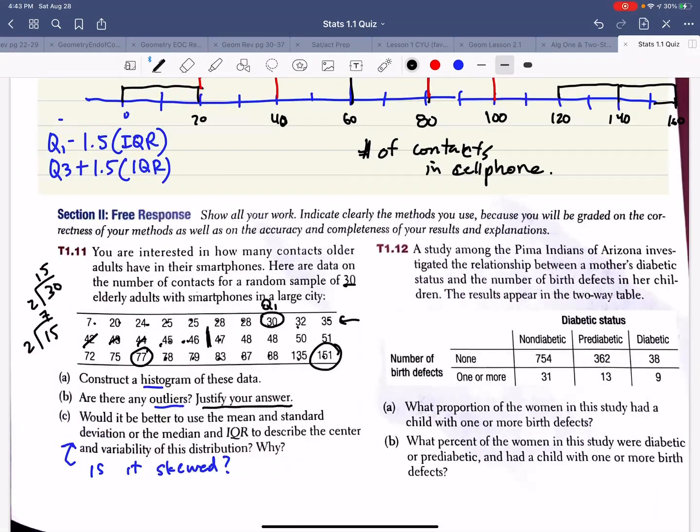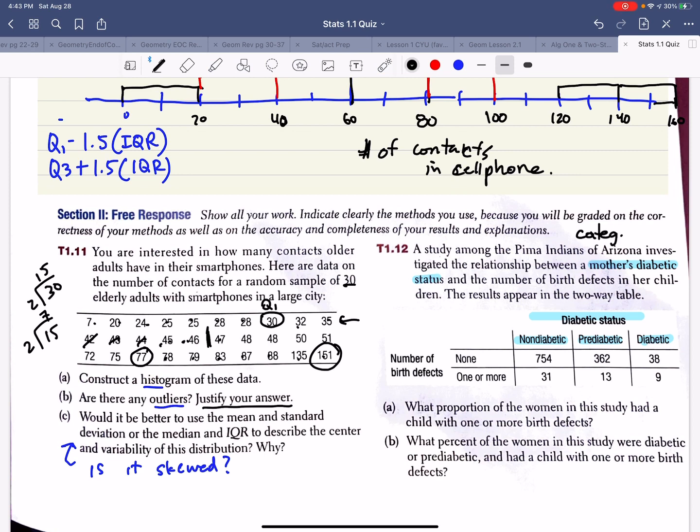It says, a study among the Pima Indians of Arizona investigated the relationship between a mother's diabetic status, okay, so whether the mom was diabetic, pre-diabetic, or not diabetic, okay? So this is obviously categorical data.